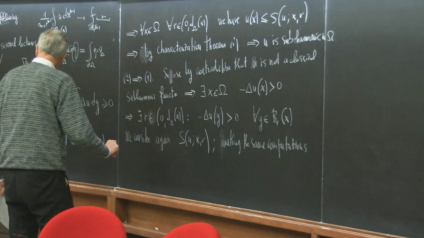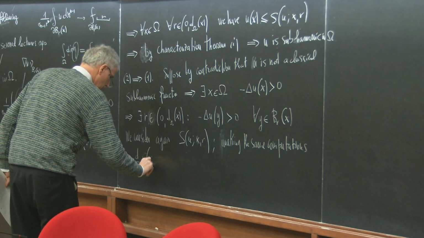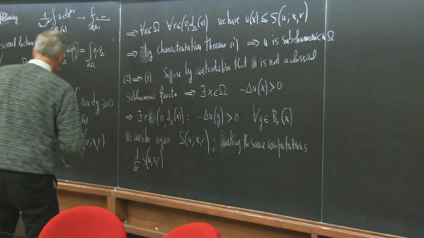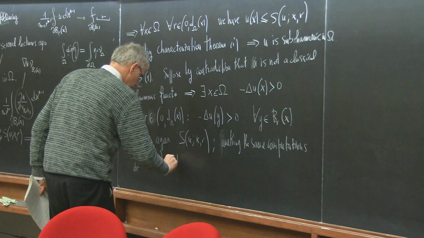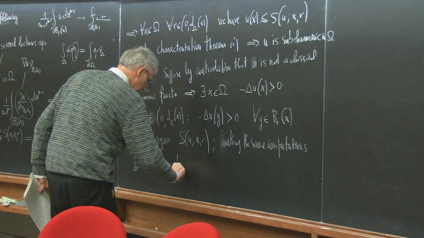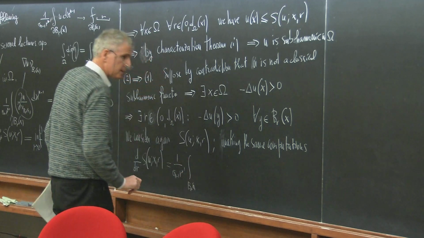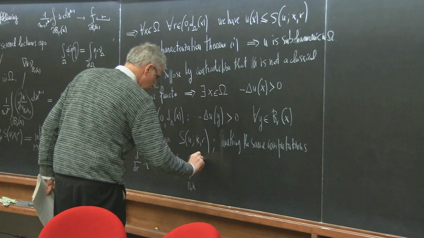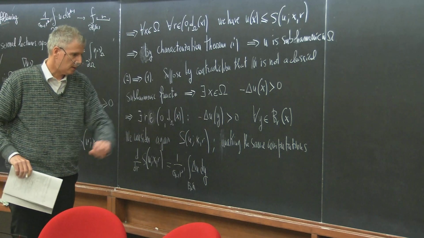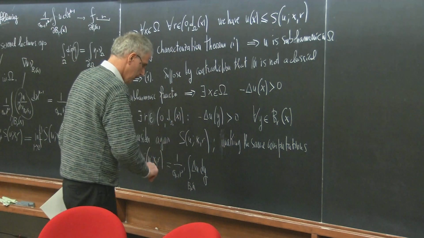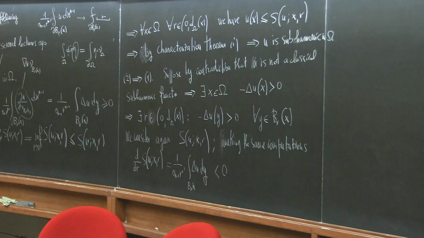We deduce that d over dr of S u x r now is equal to 1 over sigma n minus 1 r to the n minus 1 times the integral over B_r(x) of the Laplacian of u. And now we have that the Laplacian of u is strictly negative in the ball. So this becomes strictly negative.